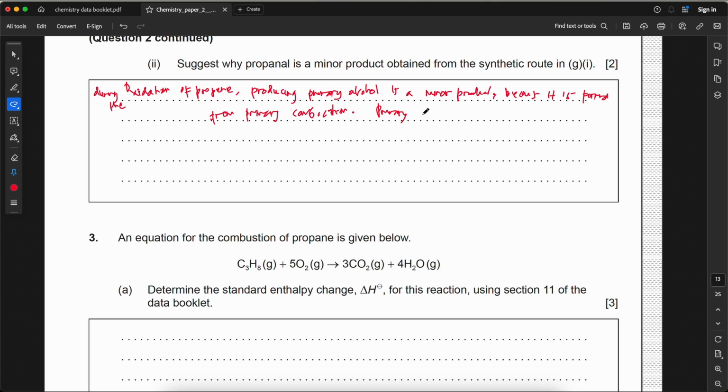Primary carbocation is less stable than secondary carbocation. Okay, thus the production of propanol would be a minor product.